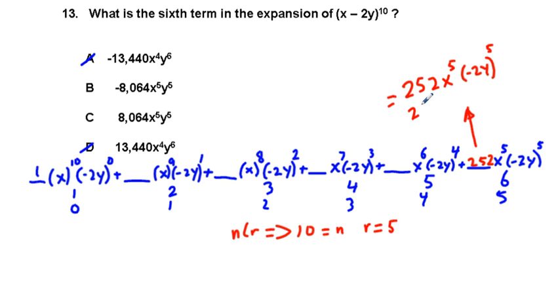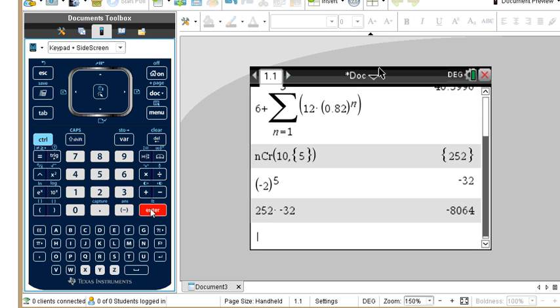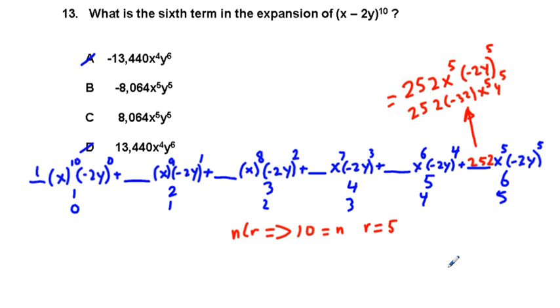So we're going to have 252 times negative 32 x to the 5th y to the 5th, and multiplying 252 times negative 32, we get negative 8,064, which happens to be our answer choice B. So that's our answer.